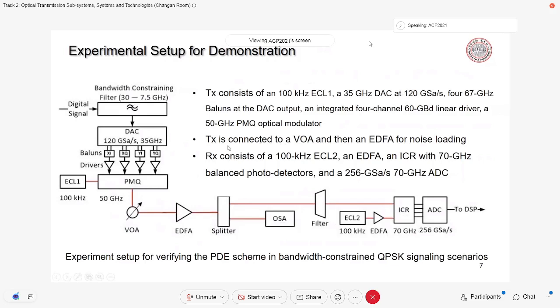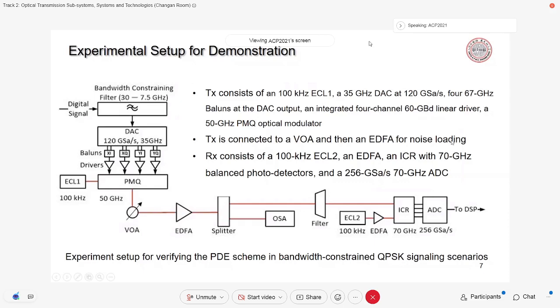And we also have the balanced 67 gigahertz, 4 of them for the signal components. And also we have a 4-channel integrated 60 gigabaud linear driver and an optical modulator with 50 gigahertz bandwidth. And the VOA here and EDFA are just for noise loading.